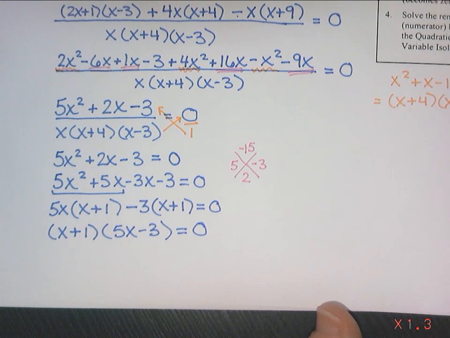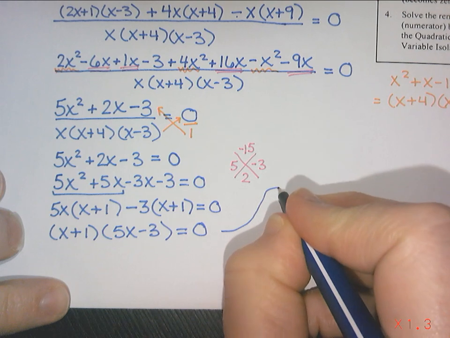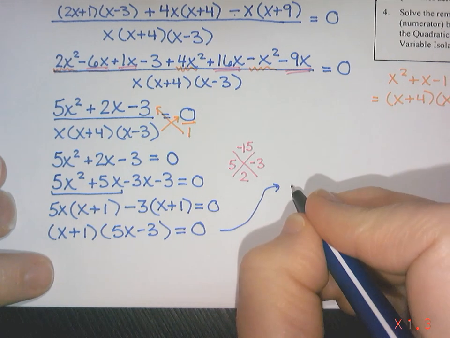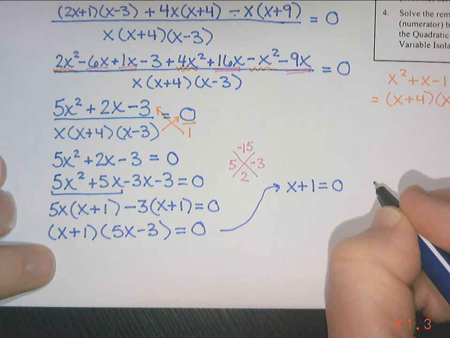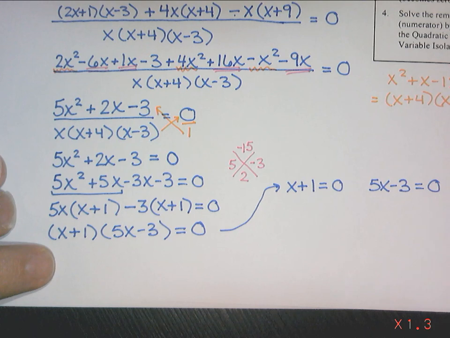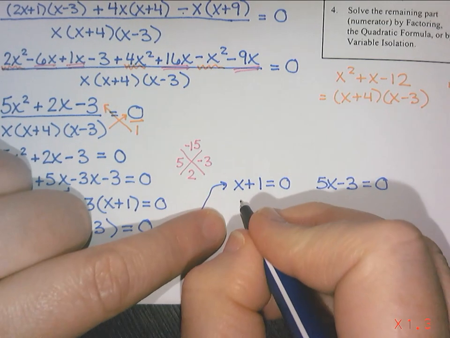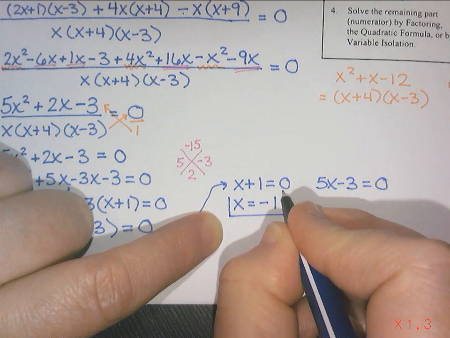So last thing we need to do is take a look at each bracket and figure out what makes each one 0. And I'm sort of out of space, so I'm going to do that over here on the side. We're going to look at what makes x plus 1 equal 0 and what makes 5x minus 3 equal 0. Well, x plus 1, that would be a -1 if I take the 1 to the other side and subtract.